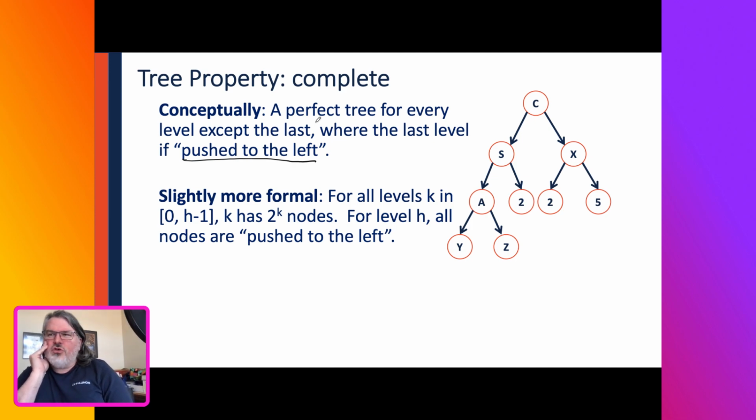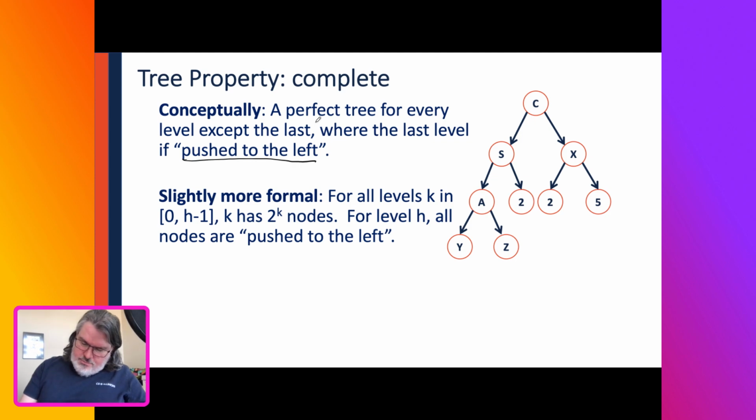So a complete tree is a perfect tree other than the last level of the tree. And in this class, and in a very large number of contexts, we're going to say that in fact, it also has all of the children on the last level in the leftmost spot that they can be. Okay?